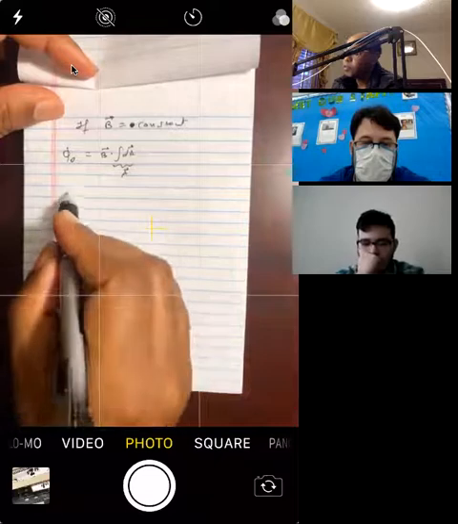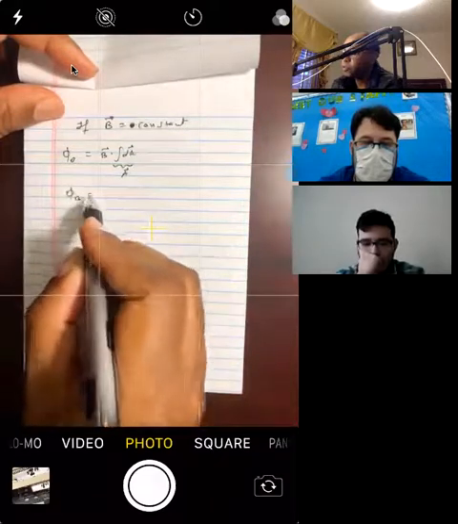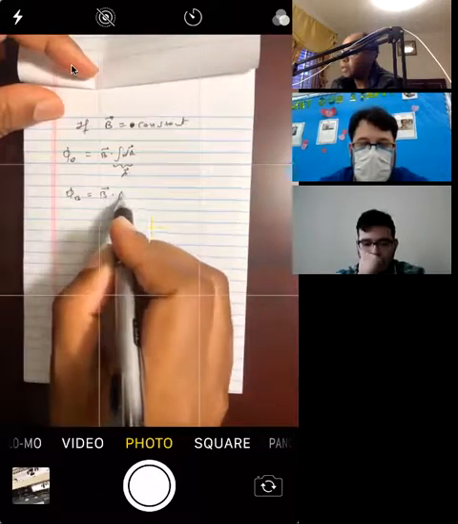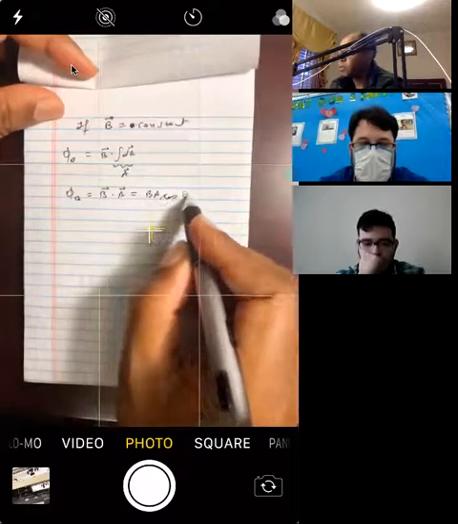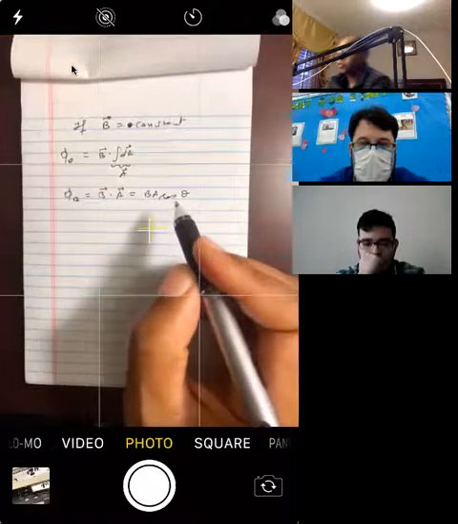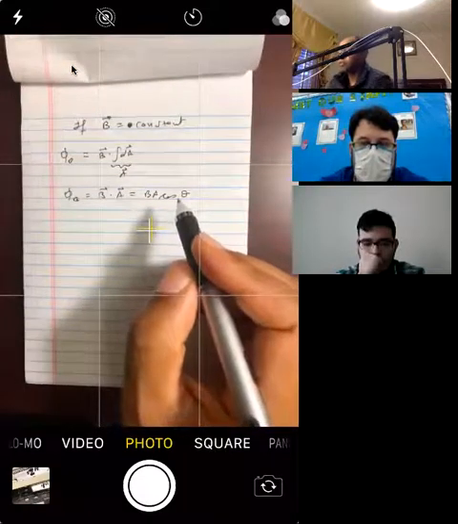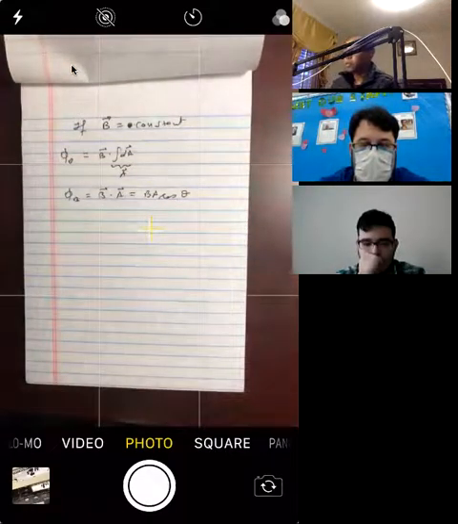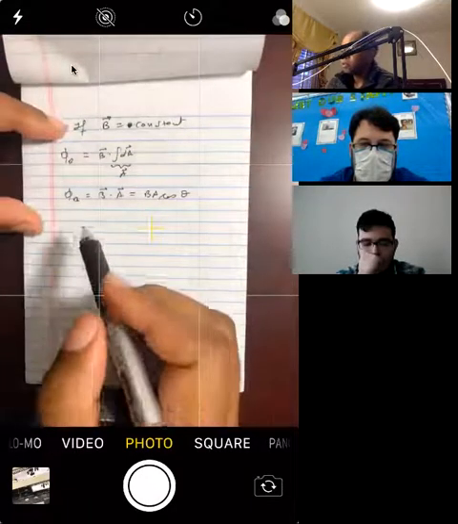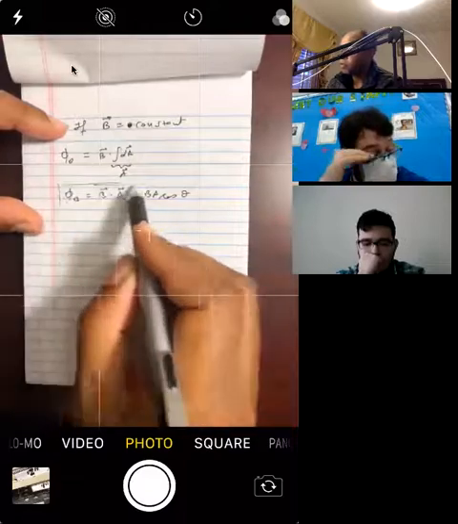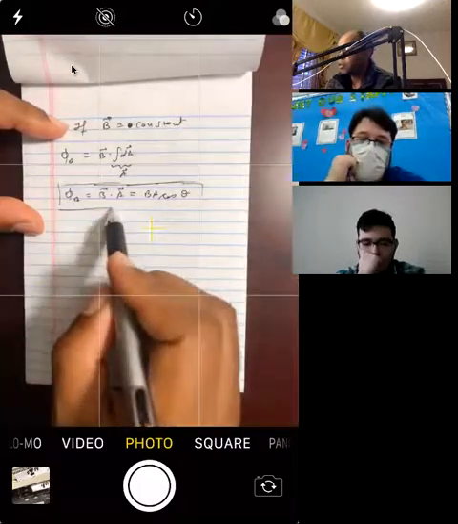So if the magnetic field is constant, you can just use the following formula, B dot A, which is also B times A times the cosine of theta, okay? So the general formula would be the integral, but if you know the magnetic field is a constant and the angle between the area and the field is also constant, then you can simplify it with this formula, okay?